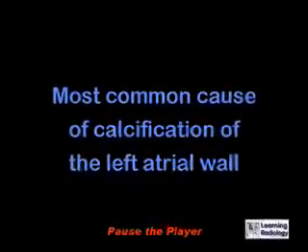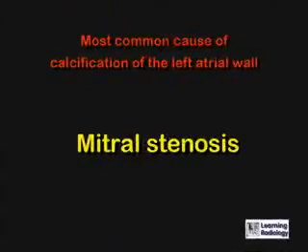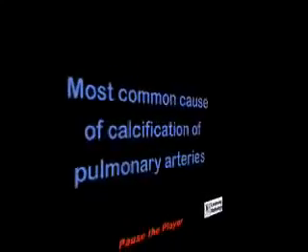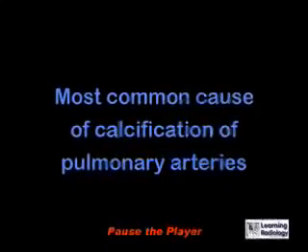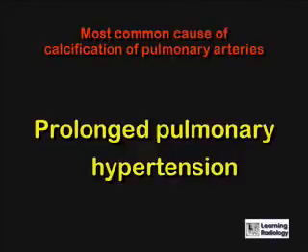What is the most common cause of calcification of the left atrial wall? Mitral stenosis. What is the most common cause of calcification of the pulmonary arteries? Prolonged pulmonary arterial hypertension.